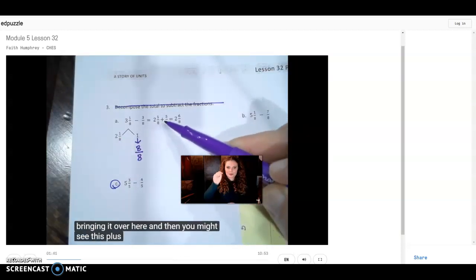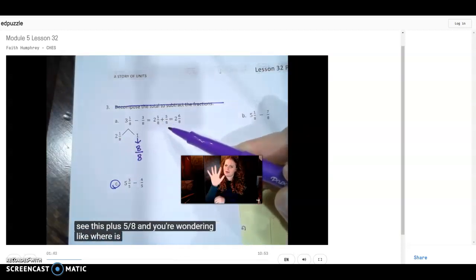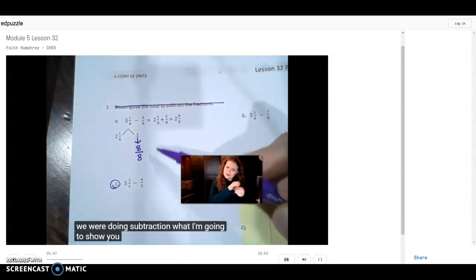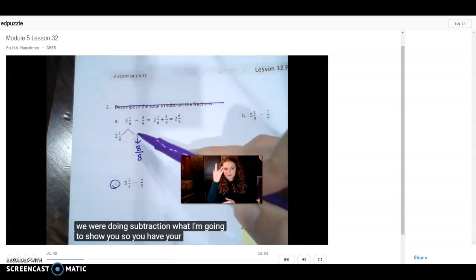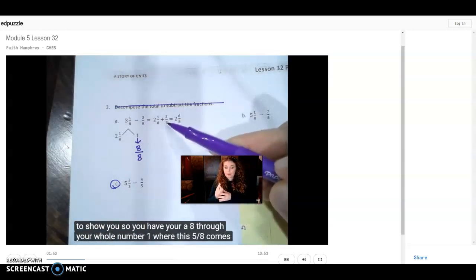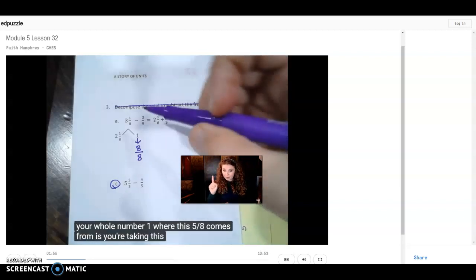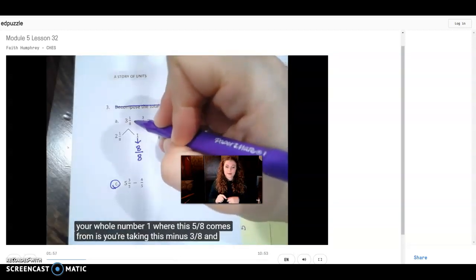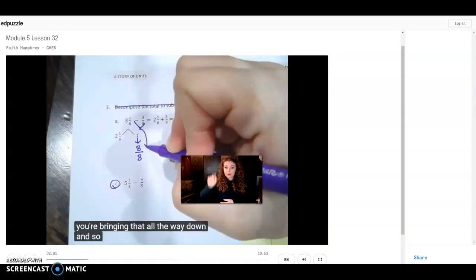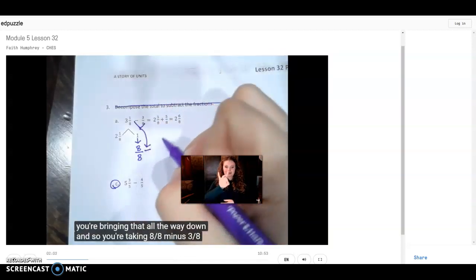And then you might see this plus 5/8 and you're wondering, where is this coming from? I thought we were doing subtraction. Well, I'm going to show you. So you have your 8/8 or your whole number 1. Where this 5/8 comes from is you're taking this minus 3/8 and bringing it all the way down, so you're taking 8/8 minus 3/8.